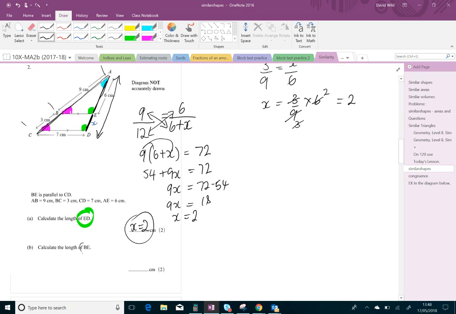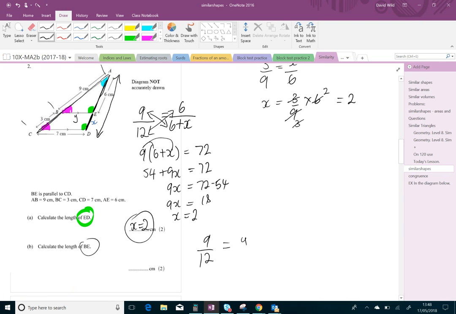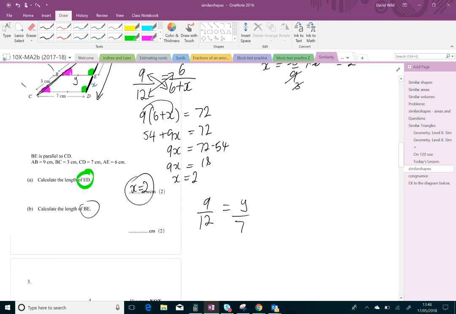Okay, calculate the length of BE. So we're going to do the same thing. We're going to use our 9/12, so that's small to large, and now we're doing BE. And BE, let's call that Y, that's that length, and we want small to large again, so that's Y over 7.